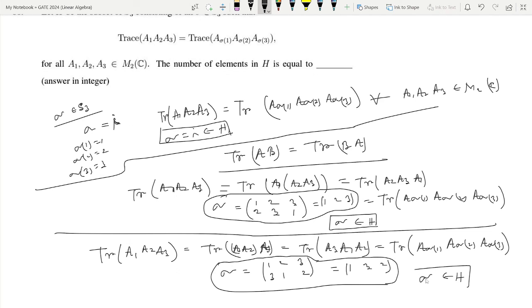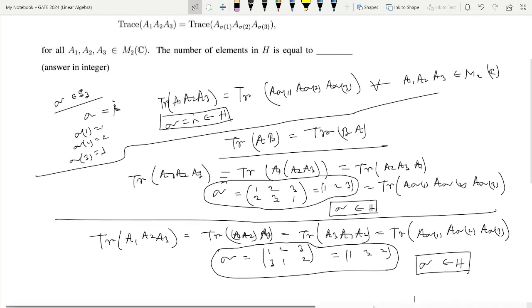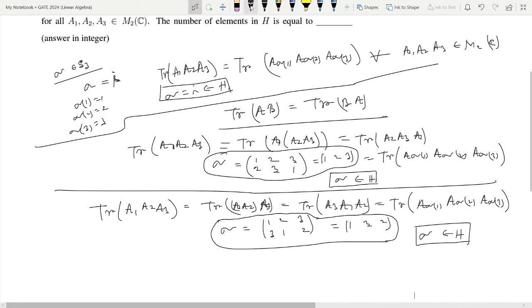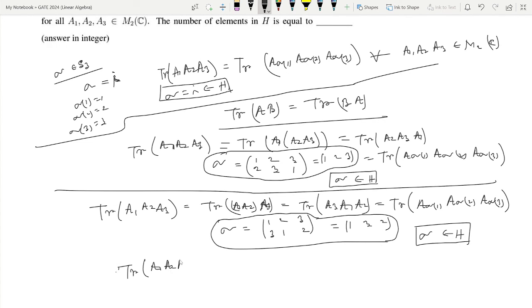So we have these three elements in H, and clearly there does not exist another sigma such that trace A1, A2, A3 equals trace A sigma 1, A sigma 2, A sigma 3 other than these three. If we try to find another such sigma, starting from trace A1, A2, A3, there are only two options, A and B grouped in these two ways.